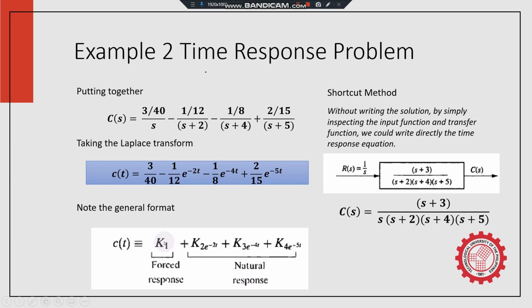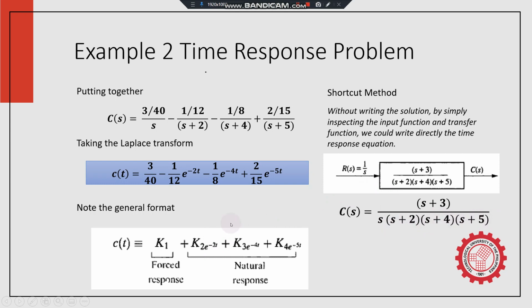We know that we always have 1 as the multiplier for K1, and we always have e raised to a negative exponent for each of these terms. The exponent depends on the root from each factor.